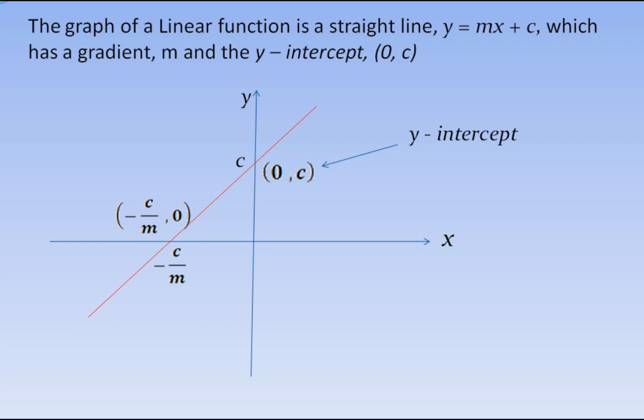So our x-intercept is that coordinate. So this is the nature of a linear function, or a straight line. This is the graph of that.